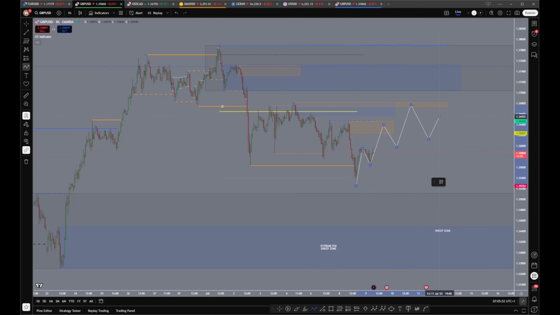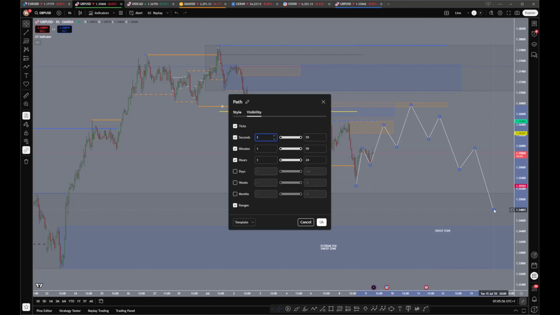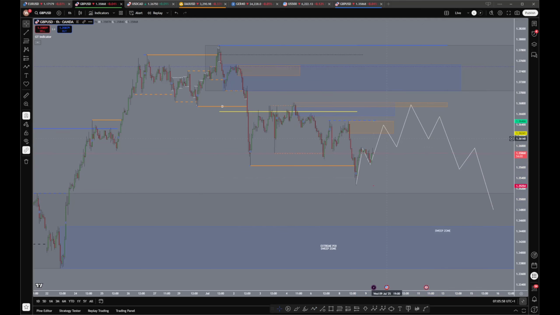And we can continue to push lower. So yeah, if we come into the zone, expect a reaction. We could trade the reaction, but we're going to have a short profit target, as we are aware that we're likely to maybe come into this zone and then get a reaction back up.